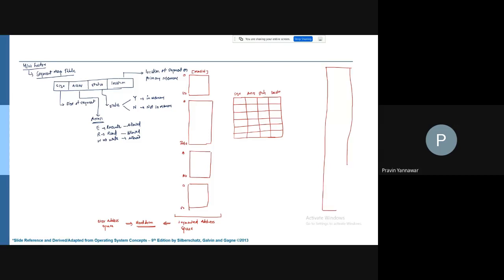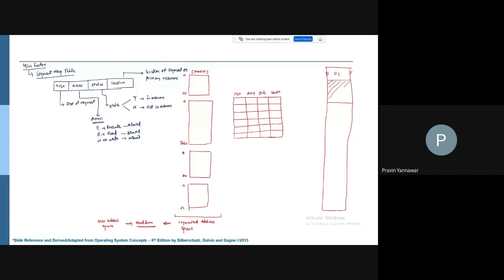Then this is going to be your primary memory. What we have understood is that some part of primary memory is dedicated to the operating system. Then we have different blocks of memory. Say, for example, this is free space.